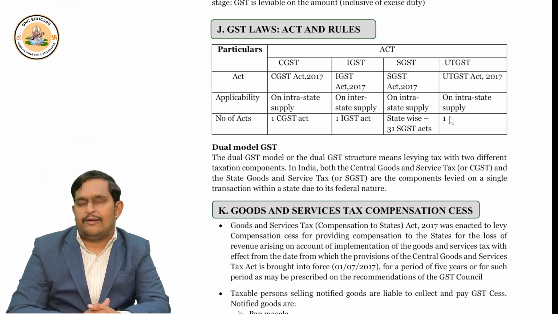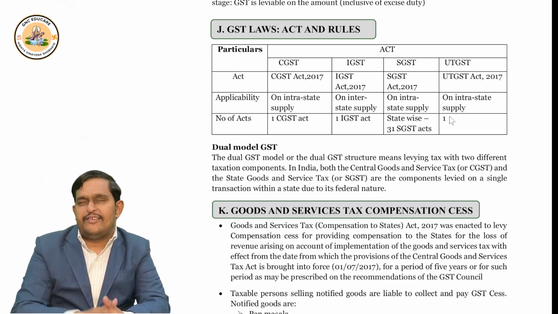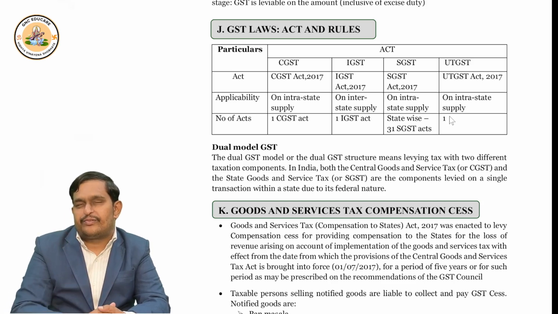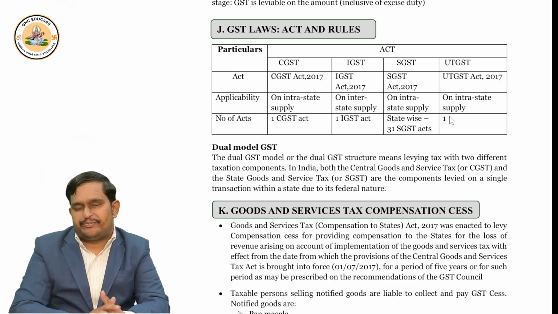Then the government said, okay, no problem. After bringing GST, your revenues will increase. If it does not increase, the central government will compensate you. Whatever loss happens to the state governments, the central government agreed that it will pay.